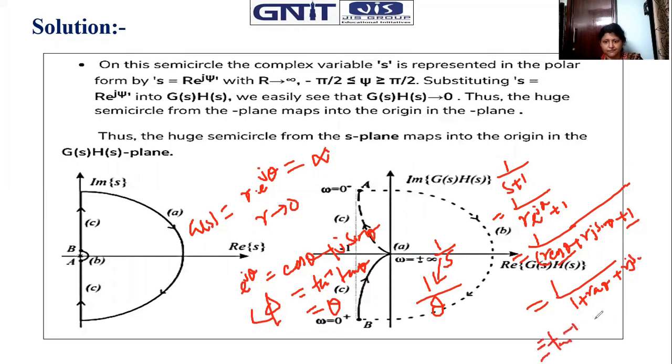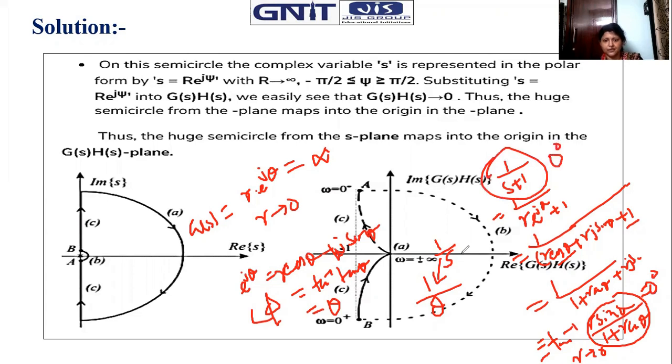Now come to the smaller arc. In that smaller arc, you have to put small r e to the power j theta. If you put r tends to 0, the magnitude of G(s) will become infinite. As it is infinite, it should be an infinite radius, right? Now what about the theta part, the angle? e to the power j theta means cos theta plus j sin theta, right?